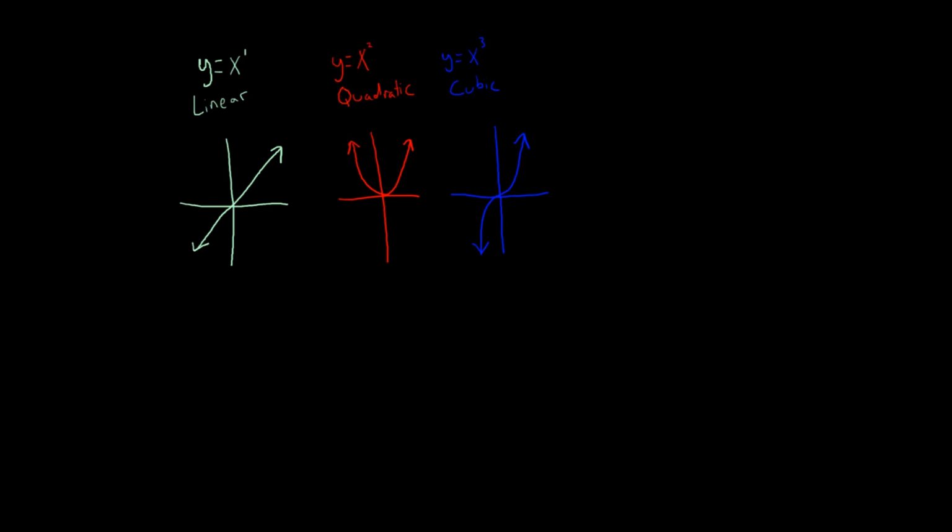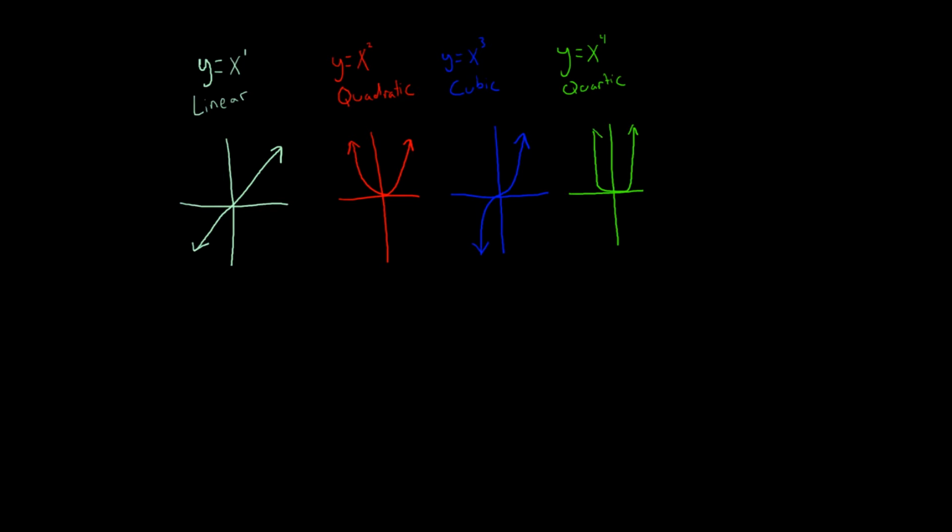Then we're going to increase it once more, as you could probably guess, to y equals x to the power of 4, and this is a quartic function. Quartic, kind of like quarter. A quartic function looks very similar to a quadratic, except since it's x to the power of 4, it shoots up much faster than a quadratic because it multiplies much faster.